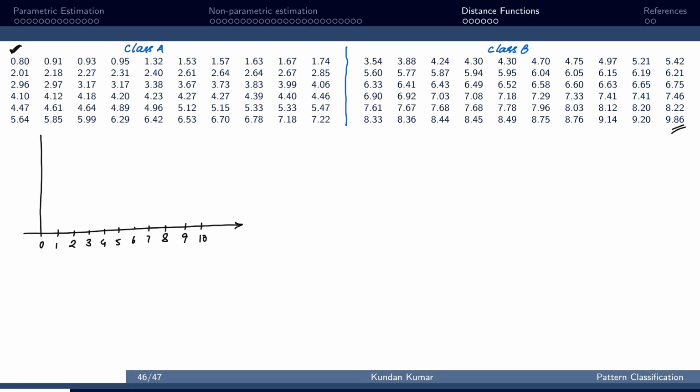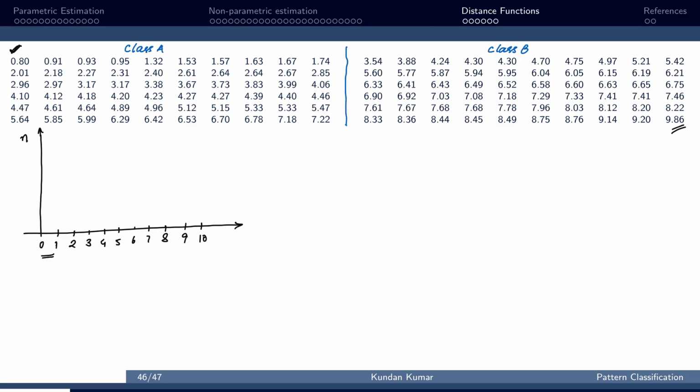Here on the y-axis is the frequency of occurrence of data samples in each bin. We will count the number of samples which fall in these bins. Let us consider the first bin from 0 to 1, where 1 is included in this bin.